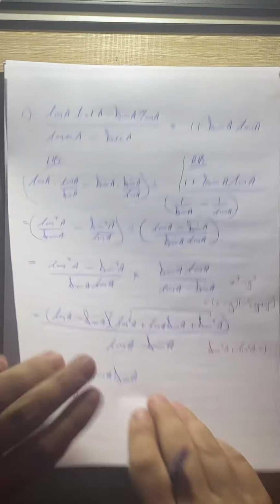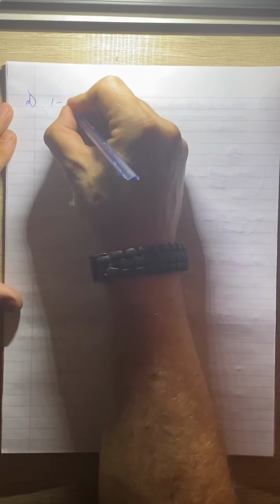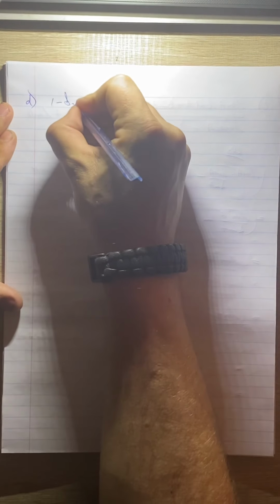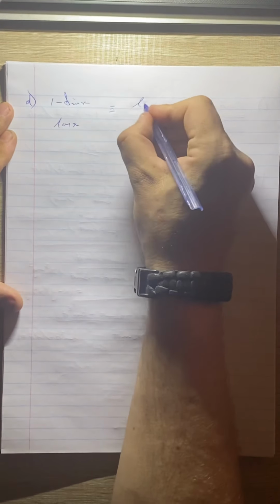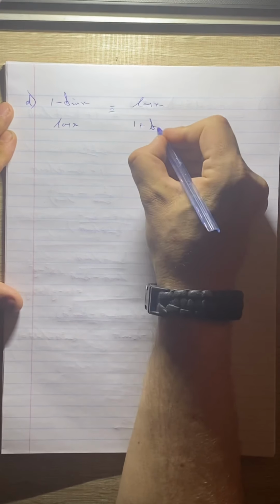All right, going on to example D. We've got 1 minus sine x over cos x equivalent to cos x over 1 plus sine x.